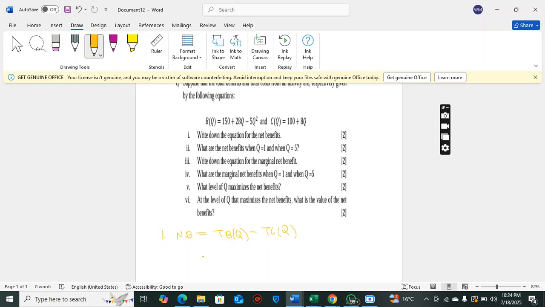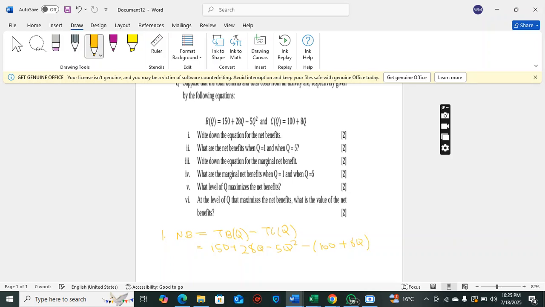So we write our equation here: 150 plus 28q minus 5q squared, minus our total cost, 100 plus 8q.